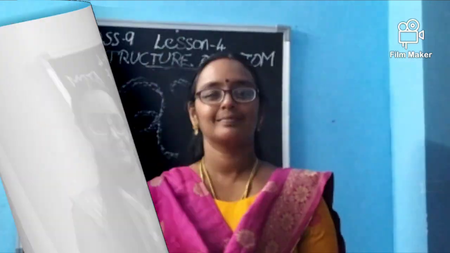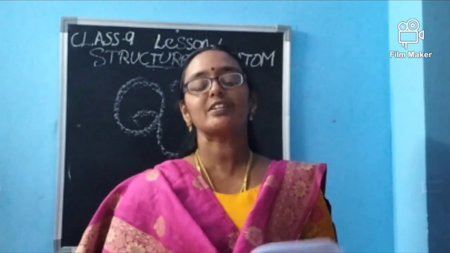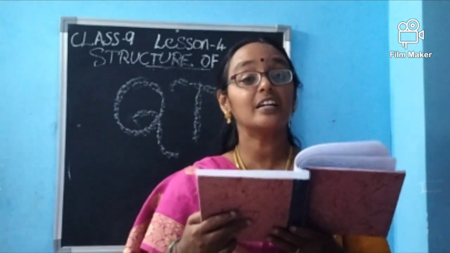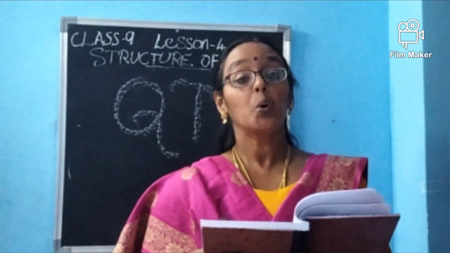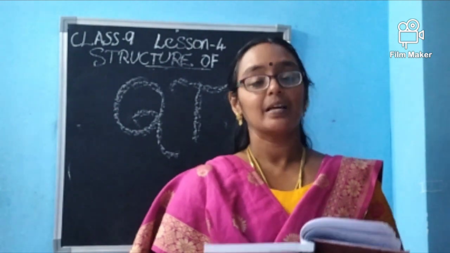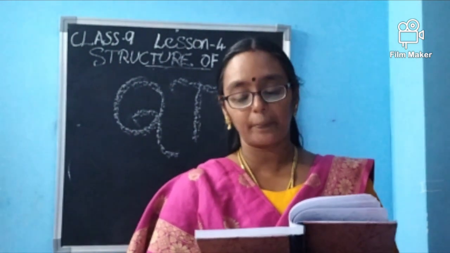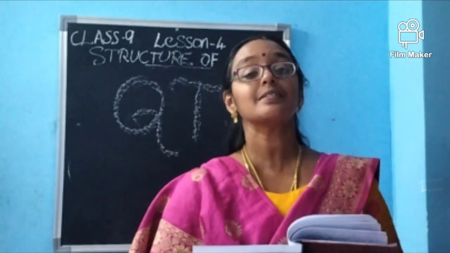It's the question time. Dears, this is the question time. The first question: dash discovered proton. Who discovered proton? You can write the answer. Second, write the notation for phosphorus having proton number 15 and neutron number 16.